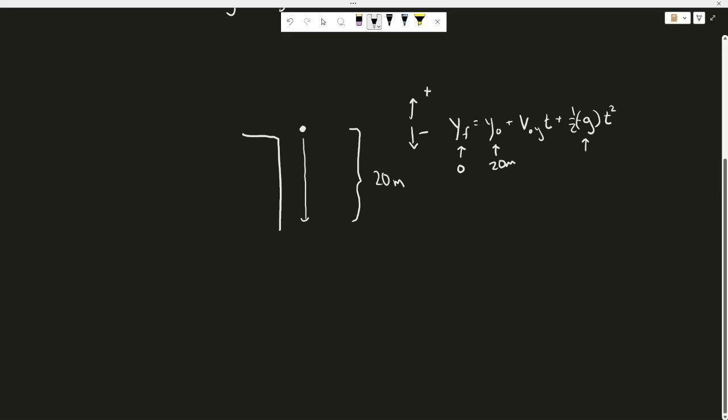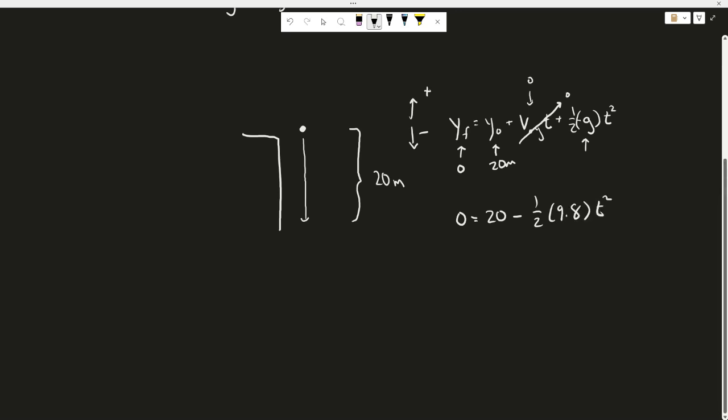Since I was just holding on and my brother shoved me off the cliff, not pushing down, my v initial y would be 0. So we would end up with 0 equals 20 minus 1/2 times 9.8 t squared.